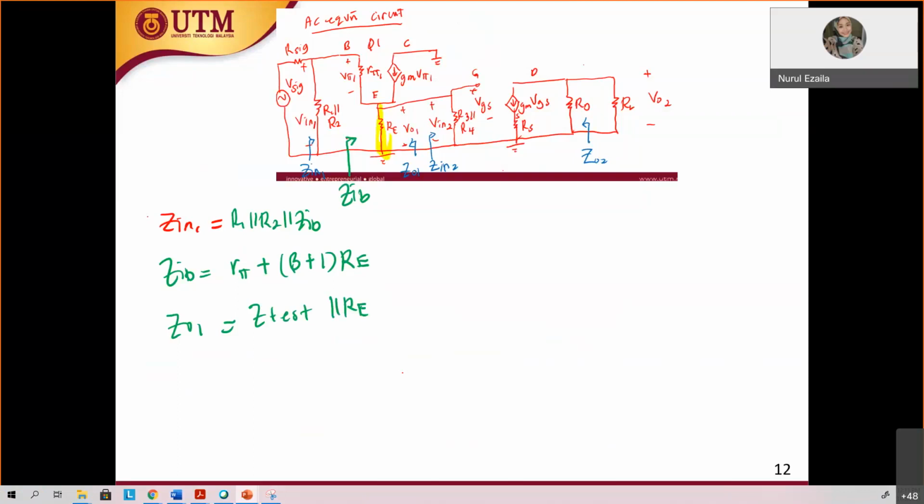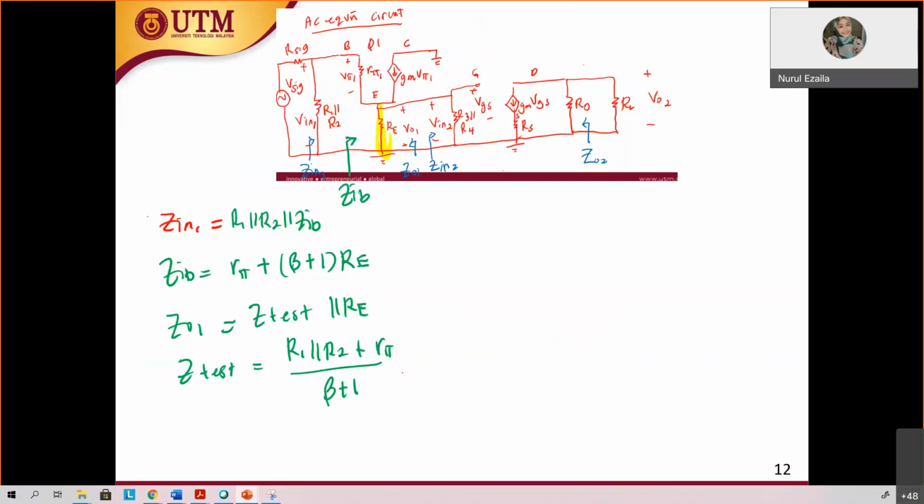Z test is equal to R1 parallel with R2 plus r pi over beta plus 1. Up to here, you already know how to derive. If you are not asked to derive, at least you know how to write the equation. I have explained everything on the derivation.